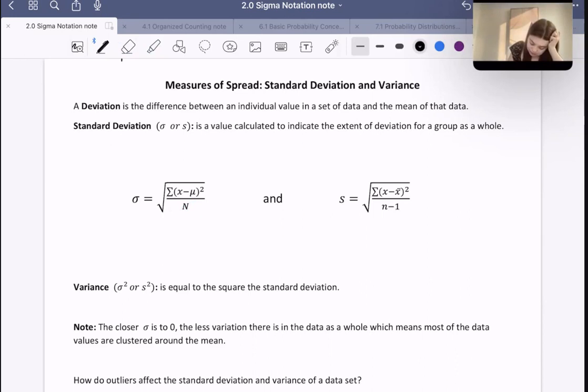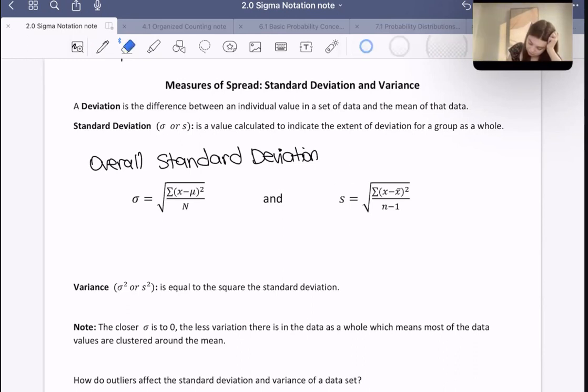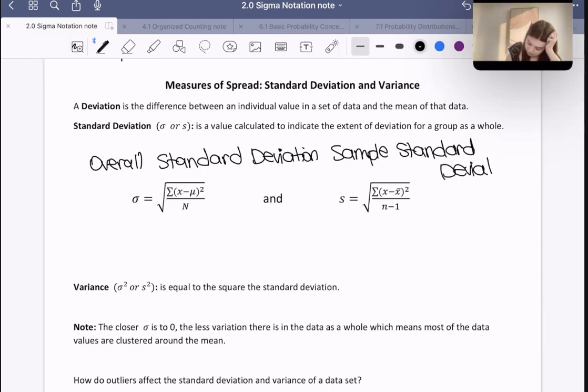And then the other one here, this is the sample standard deviation, right?